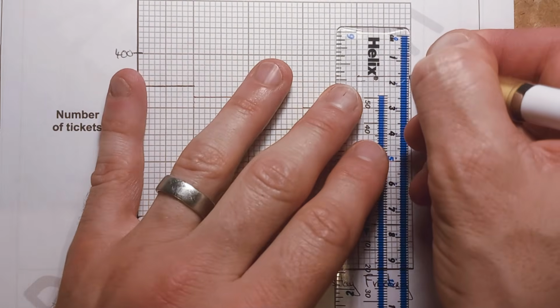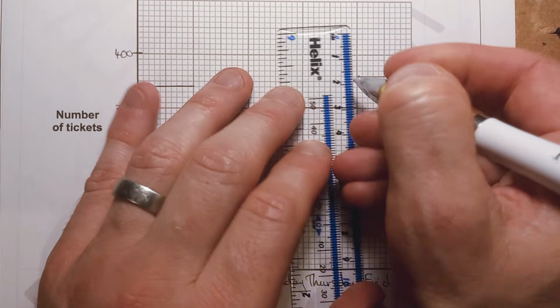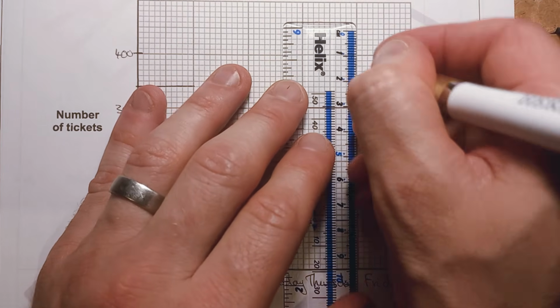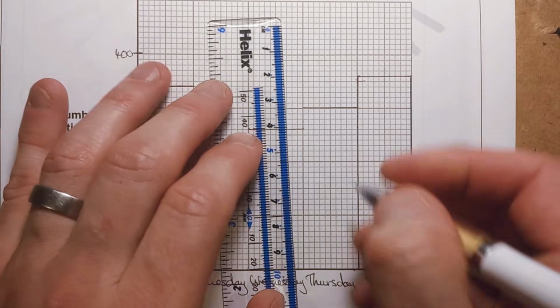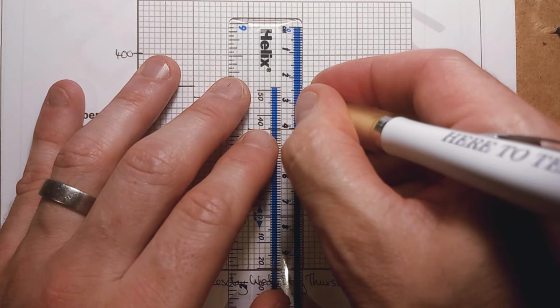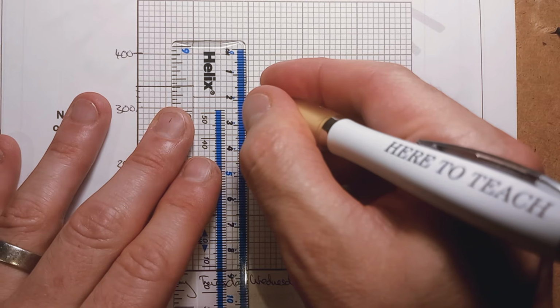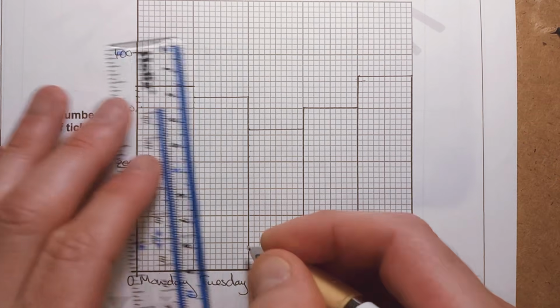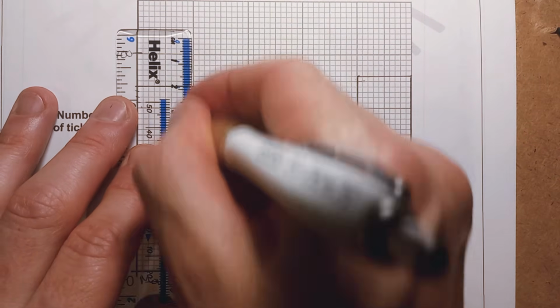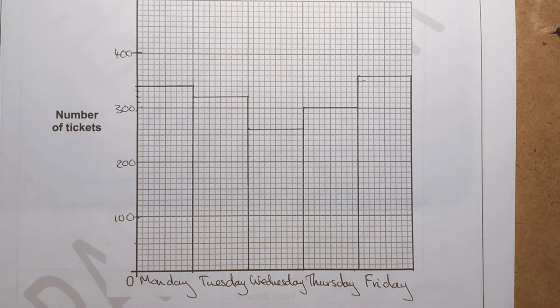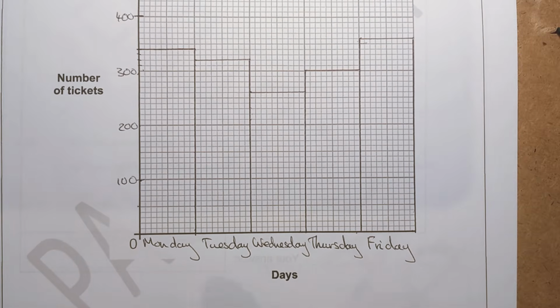And then I'll draw my vertical lines in. There we go. We've got our label. They'd already put the labels on. If they hadn't, you'd need to add them yourself. But we put these on here. Everything done.